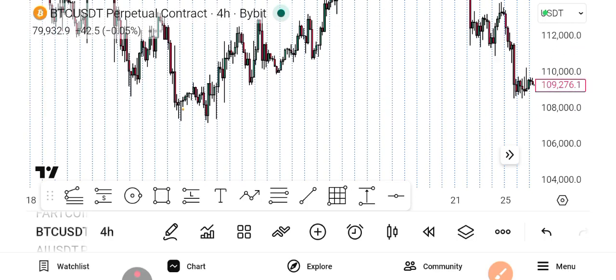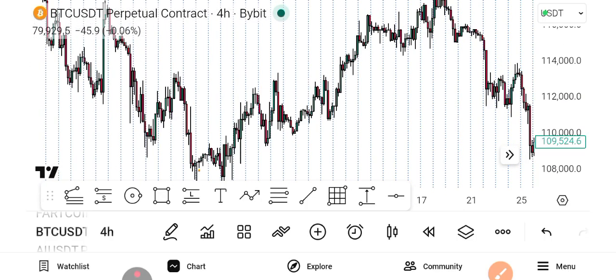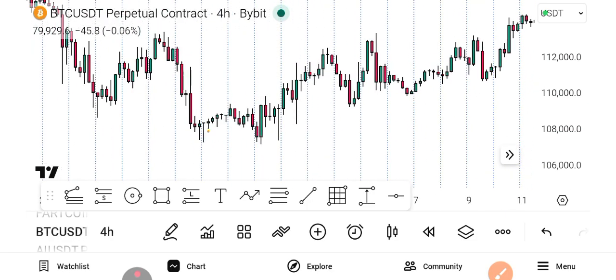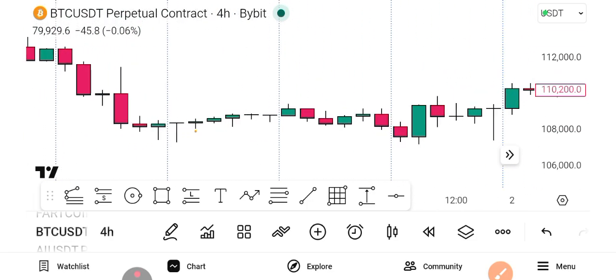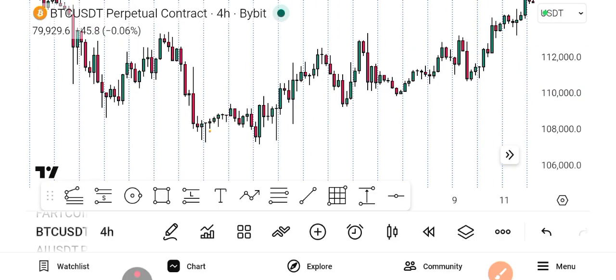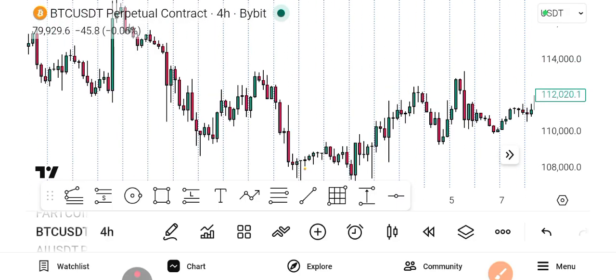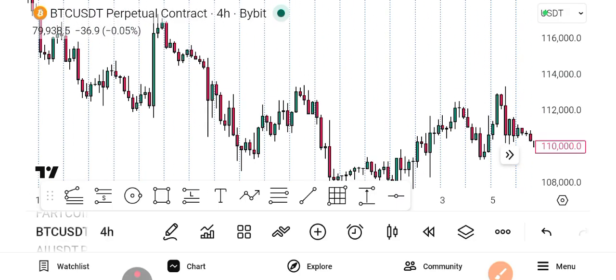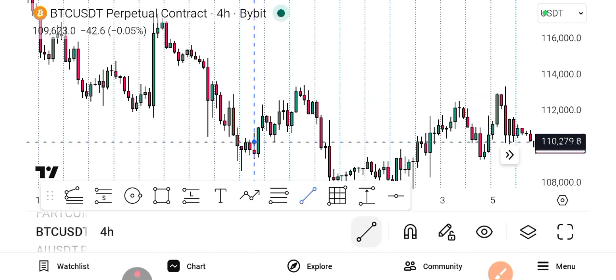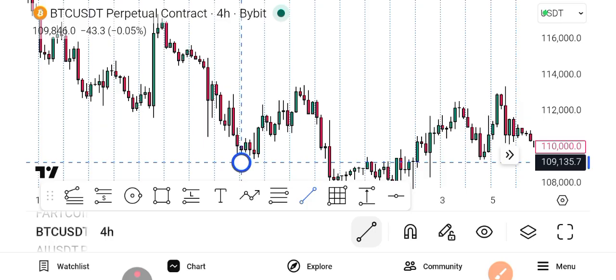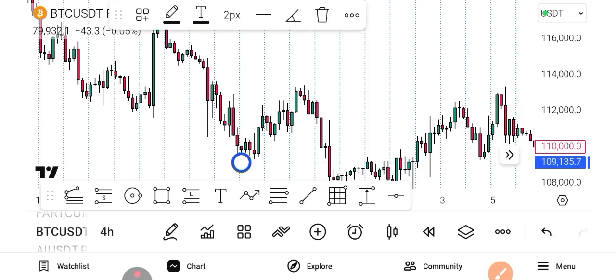Let's see this one. Okay, I think there is one here. Okay, not really. It's an indecision candle right here. Alright, let's go again. I've seen another one here. See this one here. This is perfect. Okay, we can also use this one.